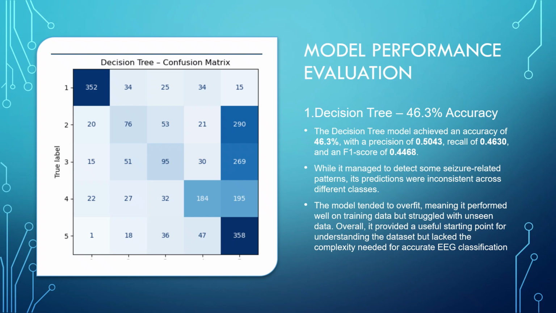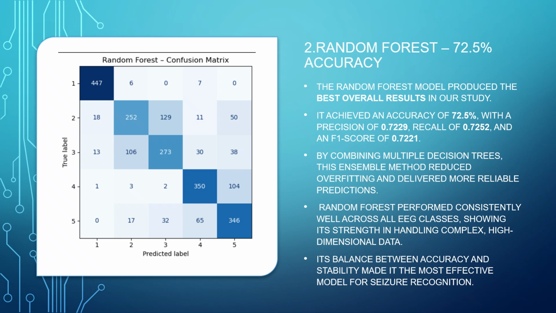The second one is random forest. Our second model was the random forest, which is an ensemble of multiple decision trees. It improves stability and accuracy by averaging the predictions from several trees, reducing the risk of overfitting. It has an accuracy of 72.5% with a macro precision of 0.7229, a recall of 0.7252, and an F1 score of 0.7221.